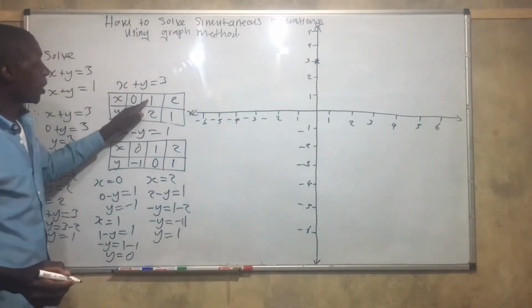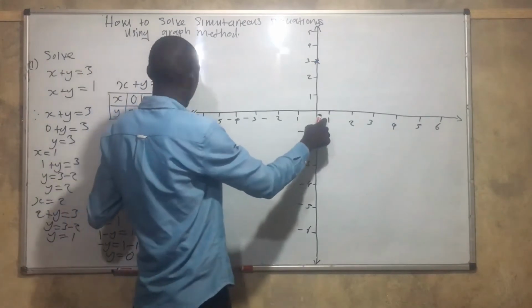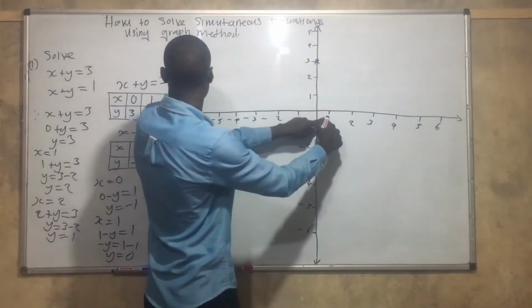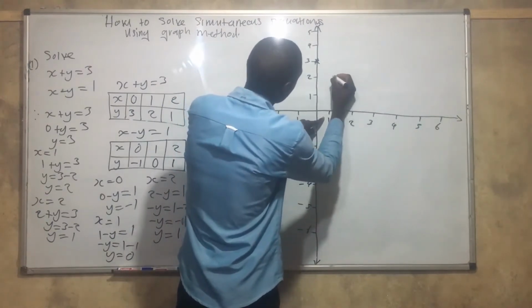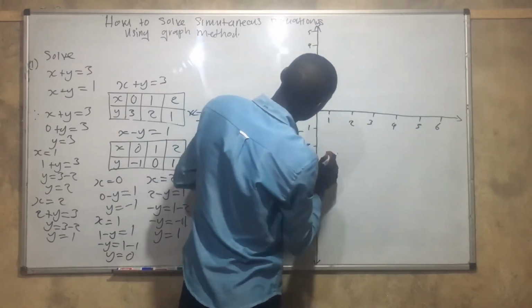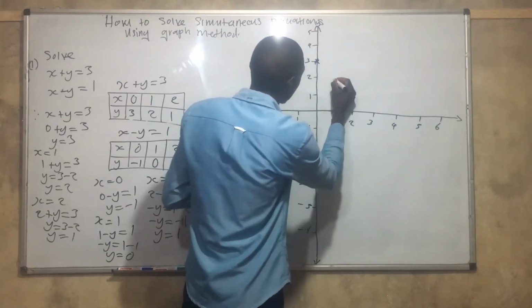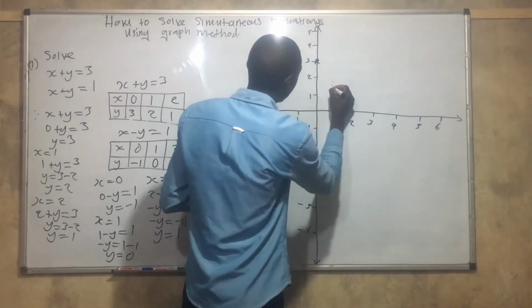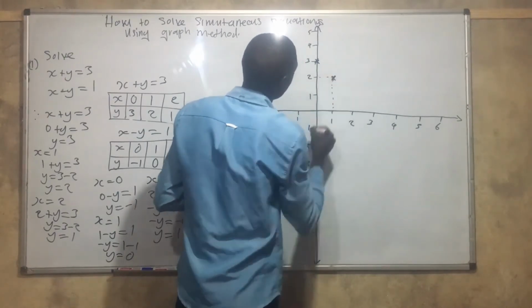So positive 3 is there. Then we are plotting positive 1, 2. So positive 1 in the x-axis, positive 2 in the y-axis. The distance here seems to be very close, so I'm going to plot. So it is there.